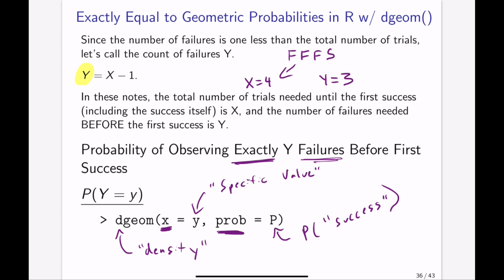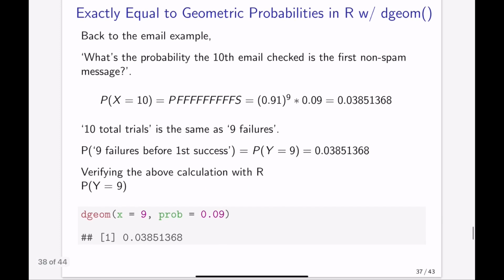Let's look at examples using this. So say we're doing the same email example where our success was the email not being spam, and the probability of a success was 0.09.